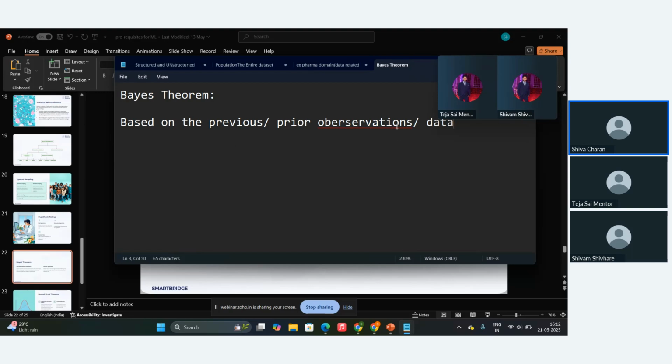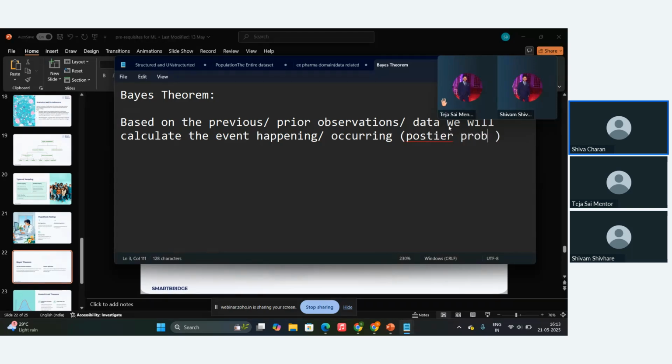Based on the previous or prior observations or data, we'll calculate the event happening or occurring. That means we'll be calculating the posterior probabilities. You can consider it as post probabilities.